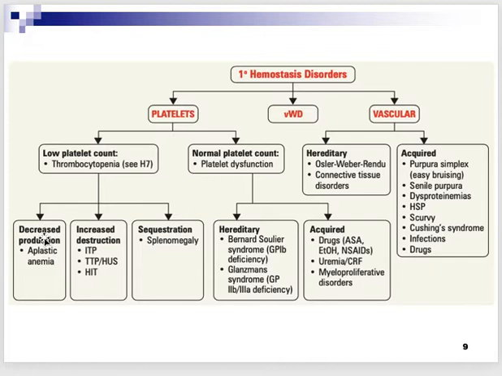It could be due to many drugs, or there could be increased destruction, like immune thrombocytopenic purpura, in which there is immunity related destruction of the platelets, or again the same thing, TTP and HUS, which we were discussing in anemia. So thrombotic thrombocytopenic purpura or hemolytic uremic syndrome, or there could be HIT, which is heparin-induced thrombocytopenia.